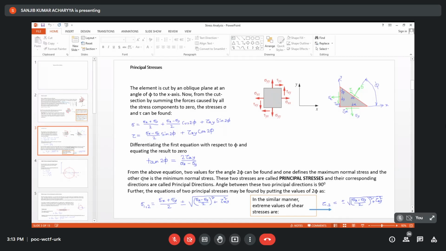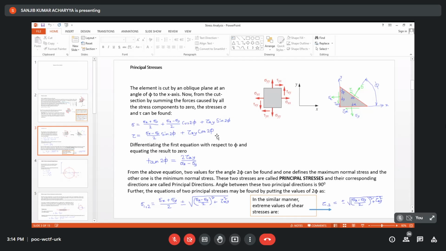When sigma is written as sigma 1, sigma 2, they are called extreme stresses, or popularly known as principal stresses. What are the principal stresses? They are nothing but the extreme normal stresses in case of this kind of biaxial loading.